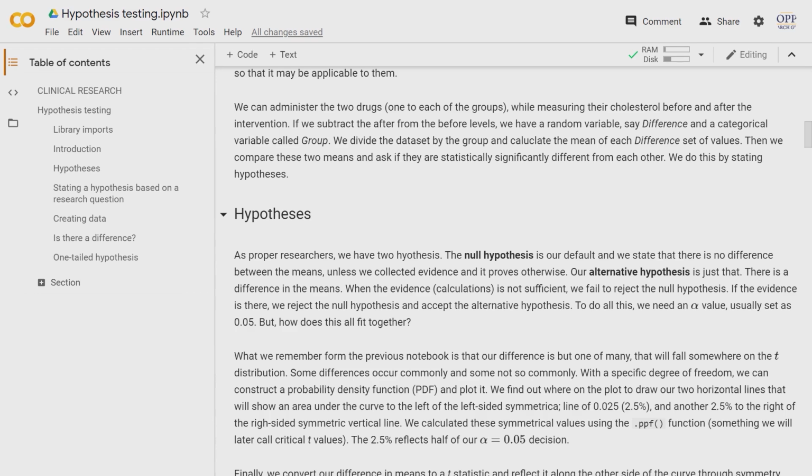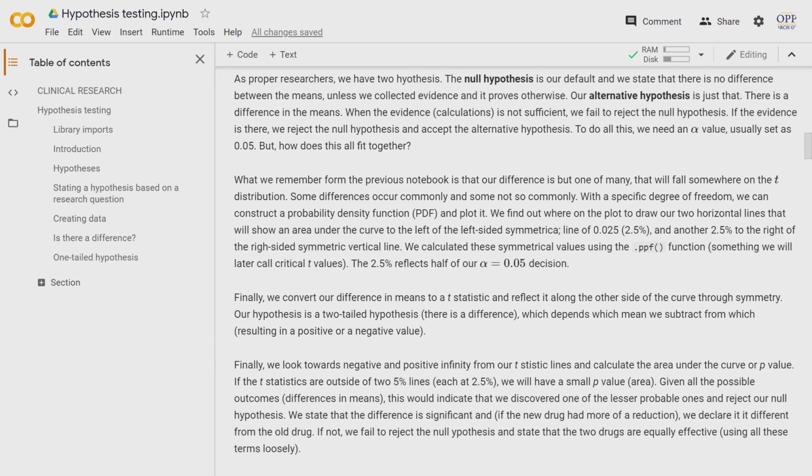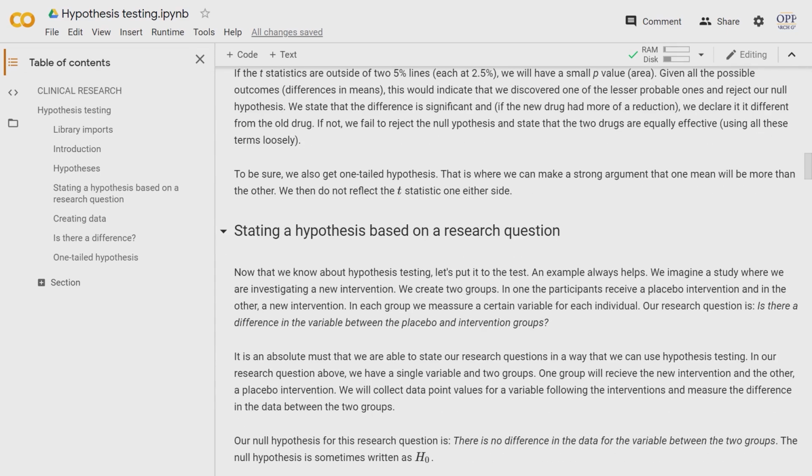And the further away I get, the less likely I was to find this kind of difference. And then if it's beyond a certain point that we call a critical point, then that little area under the curve is going to be less than 0.05, and we have evidence to reject our null hypothesis and accept our alternative hypothesis.